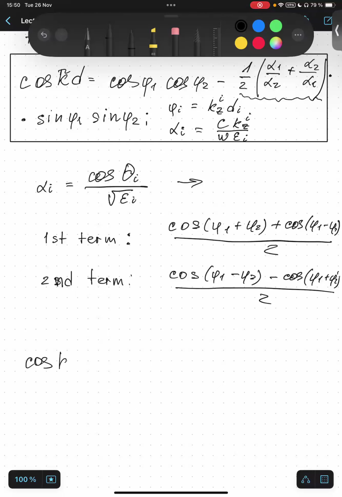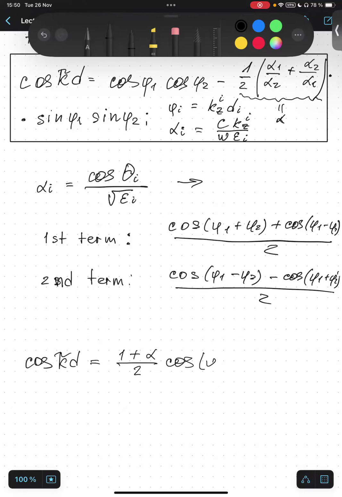Cosine kd equal to 1 plus alpha. We just say that this part is just alpha for simplicity and analysis.